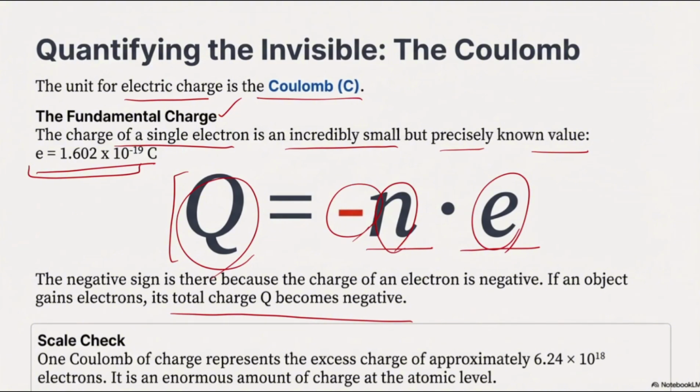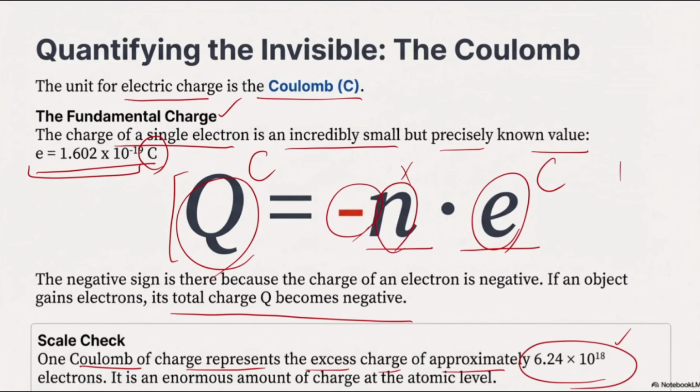So 1 Coulomb of charge, remember that for each specific charge we have this number of Coulombs. n doesn't have any unit. Q is in Coulombs and e is in Coulombs as well. The 1 Coulomb of charge represents the excess charge of approximately 6.24 times 10 to the power 18 electrons. How did we find this number?